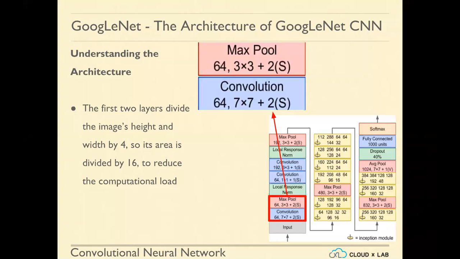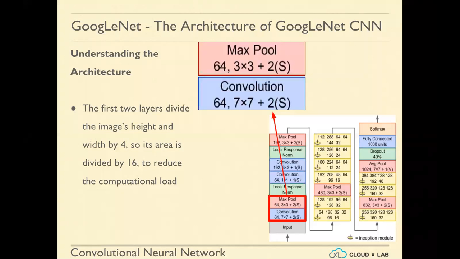So since the image was 32 by 32, I think, and we are dividing it by 4 every time, it becomes 8 into 8, that is 64, right? So 32 by 32 became 8 into 8, that is 64.